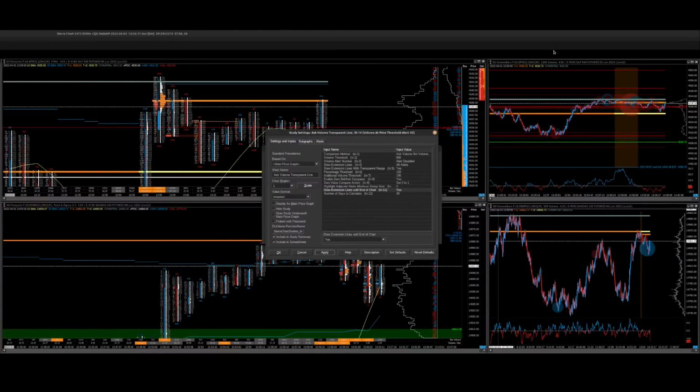And this chart doesn't have that many days loaded into it, so I know that I'm seeing something that was somewhat current in terms of recent price action. Where's the transparency? Yeah, draw extension lines with transparent range. There you go. Yes, that turns on transparency for these things.